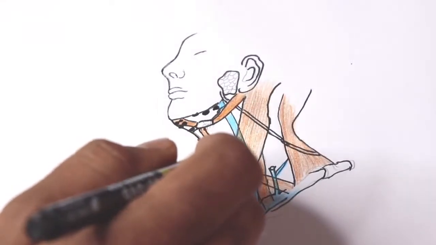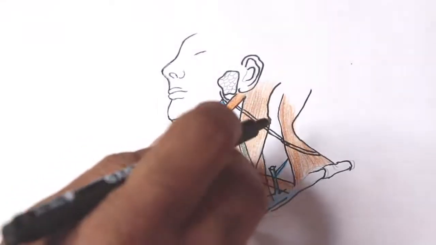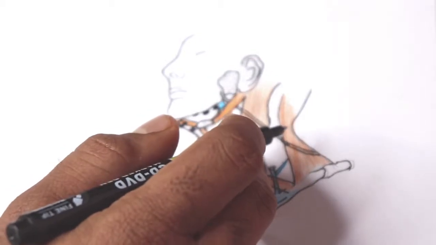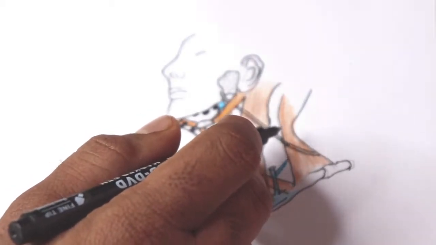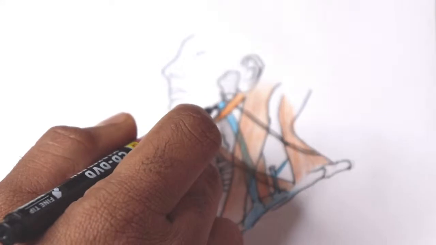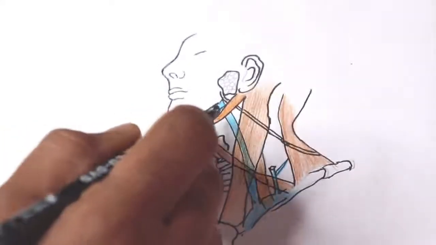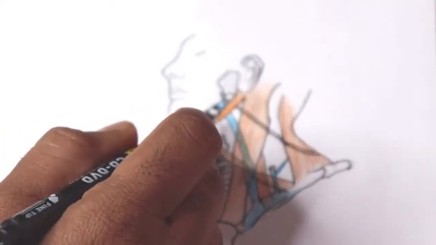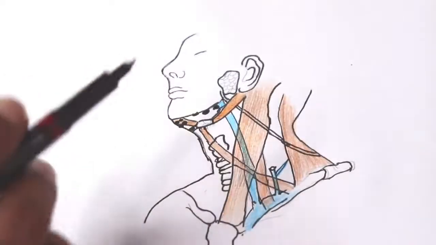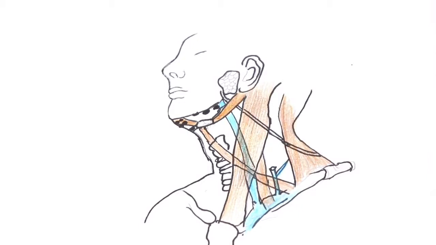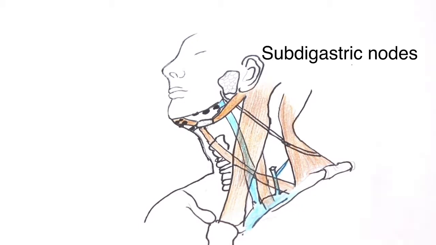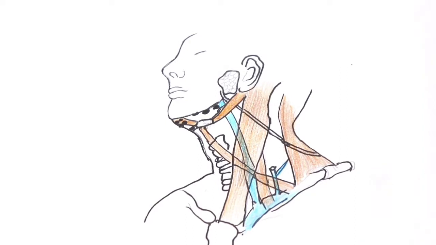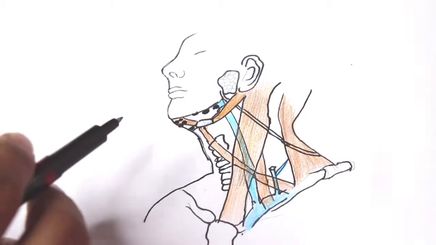Next comes level 3. Before that, level 2. So this is level 1. So level 2 comes now. Upper jugular nodes. These are also called subdigastric nodes, situated around the upper third of the internal jugular vein and adjacent accessory nerves.